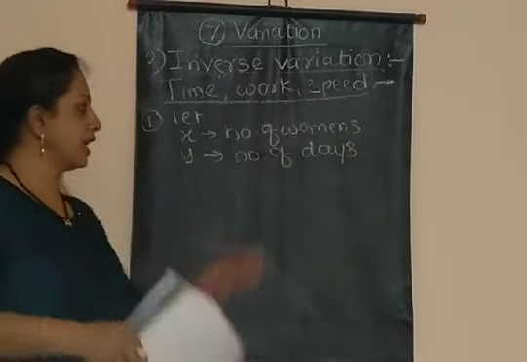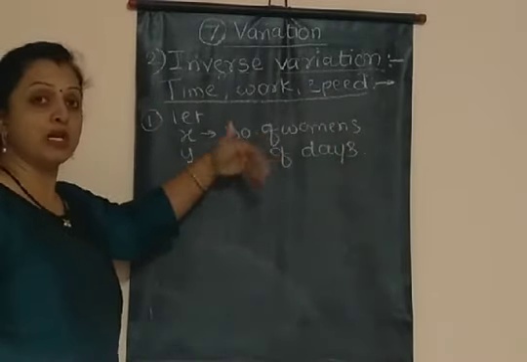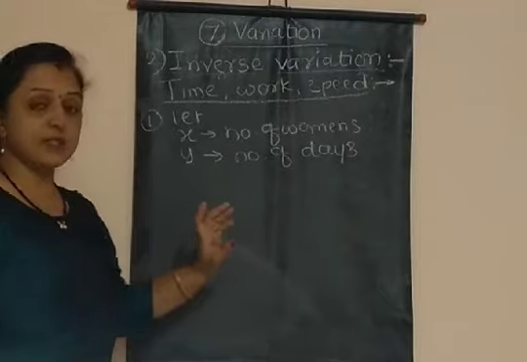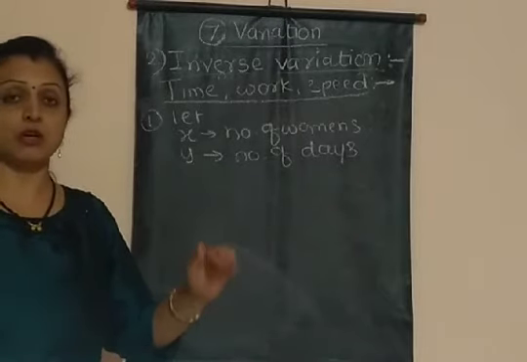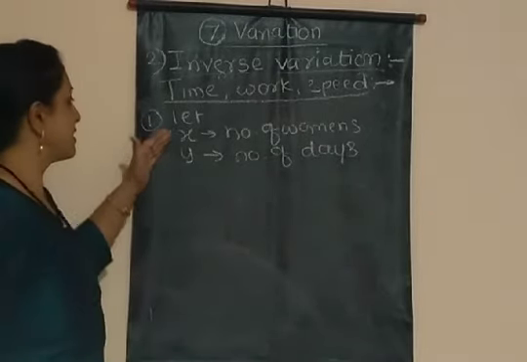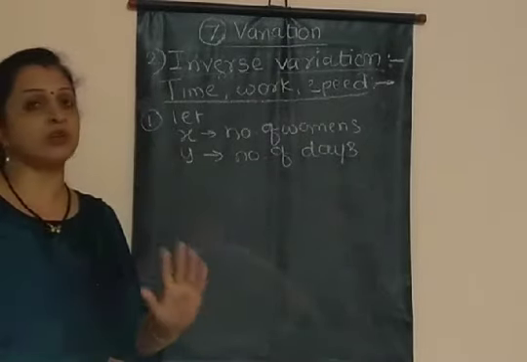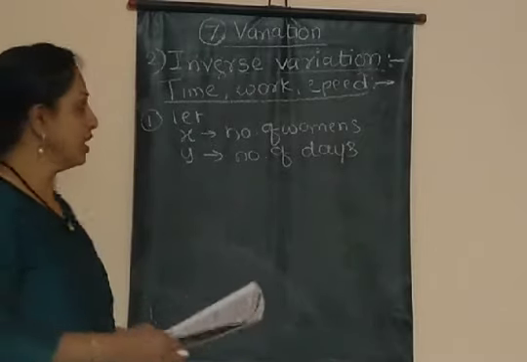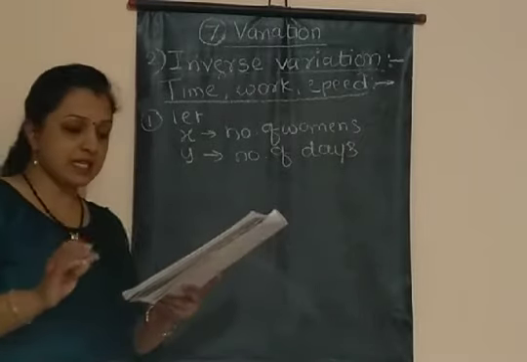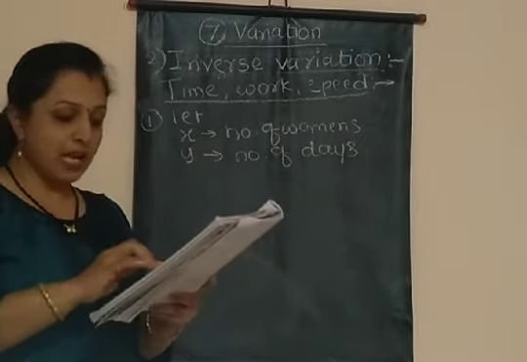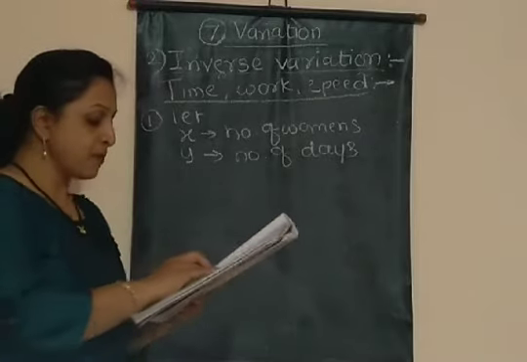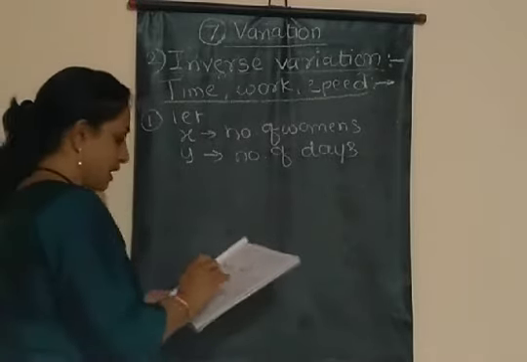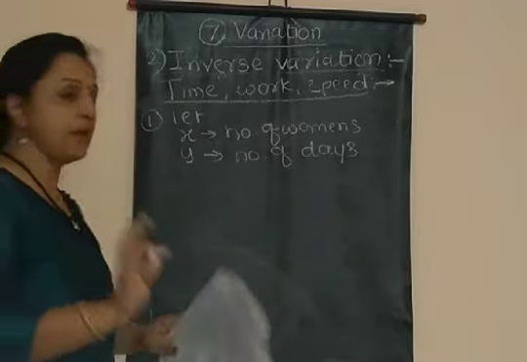We know that if we increase the number of workers, then the number of days to complete that particular work goes on decreasing. It means x is inversely proportional to y. Here we have the first case. In that first case, 15 women are there, and they required 8 days to complete that work.